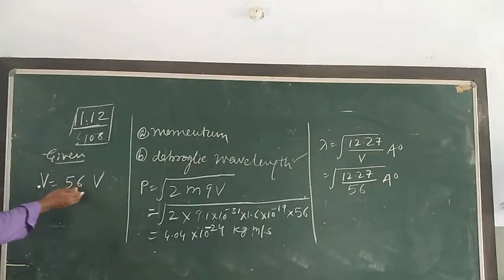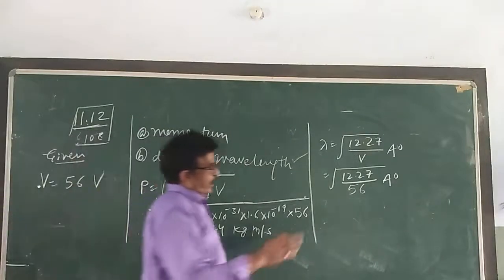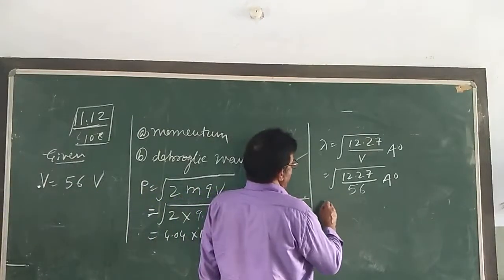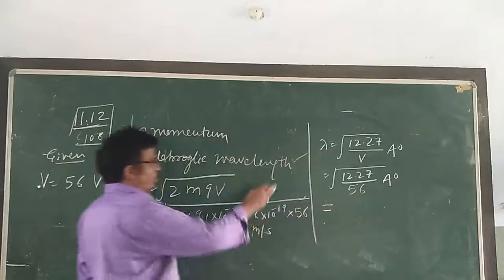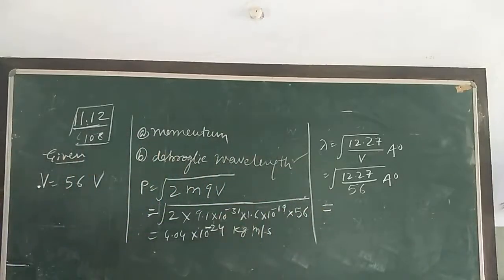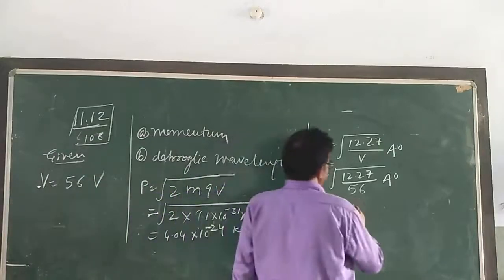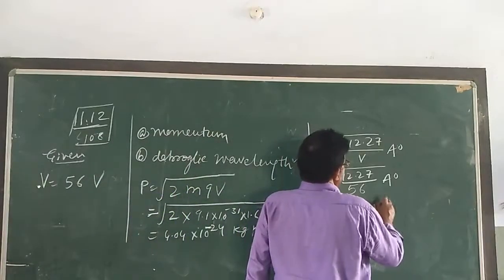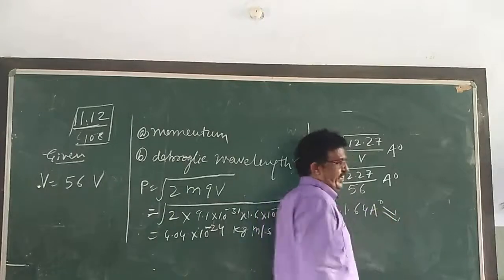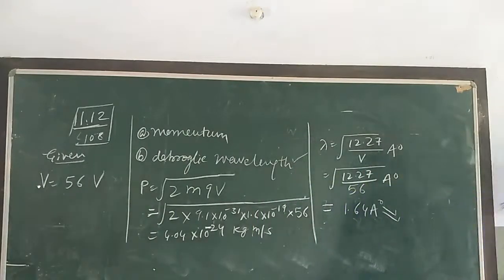Put this value 56 here. Calculation is very, very important. What are you getting? That is 1.64 angstrom. This is the answer. Questions are very easy, but calculations are very typical. The important thing is how to calculate it.